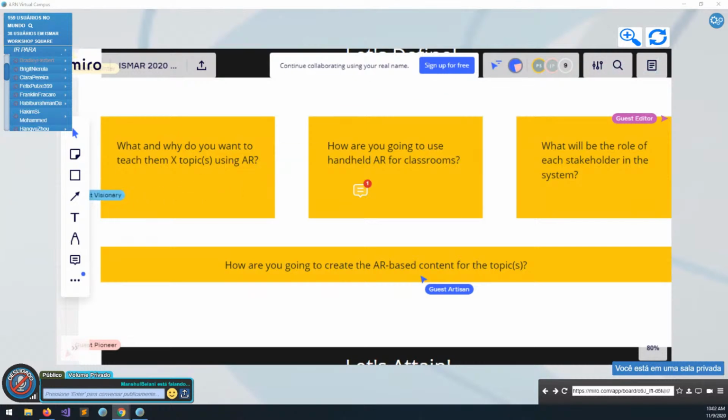Sorry, I missed that. You said assembly should be a good idea or shouldn't be? Well, at first I said it was a good idea, but if it's handheld AR, it may not be. So I sort of changed my mind about it. Or we could try something else.